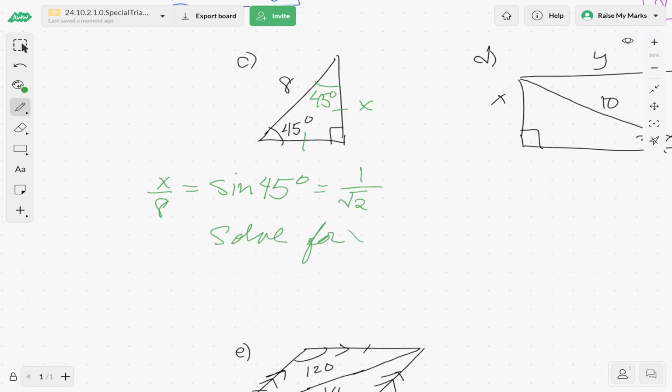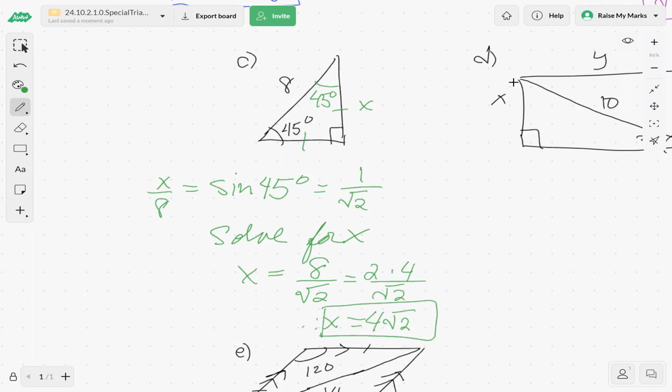So x equals 8 over root 2. So we can factor out a root 2. So 8 equals 2 times 4 over root 2, or 4 times root 2. So that's our side length.